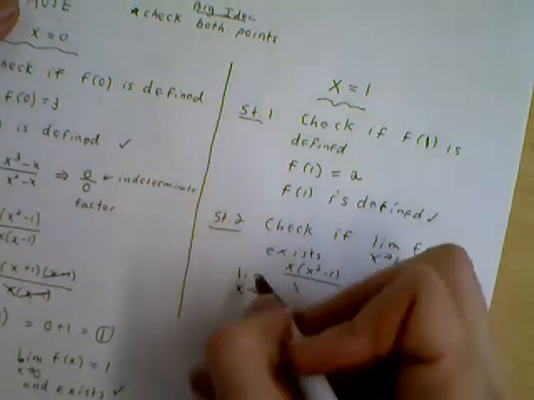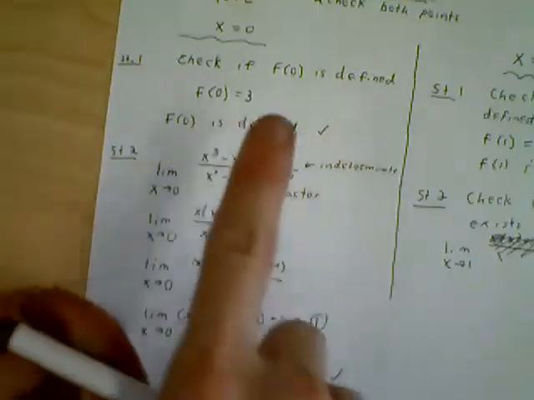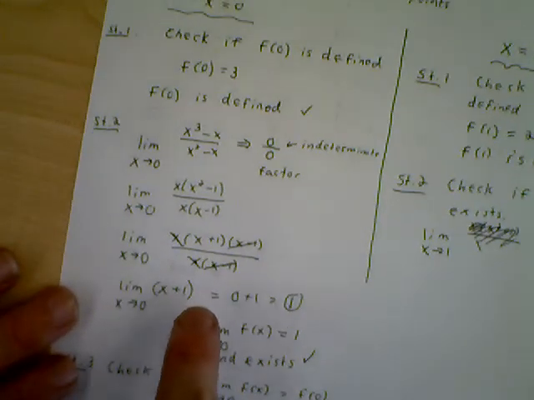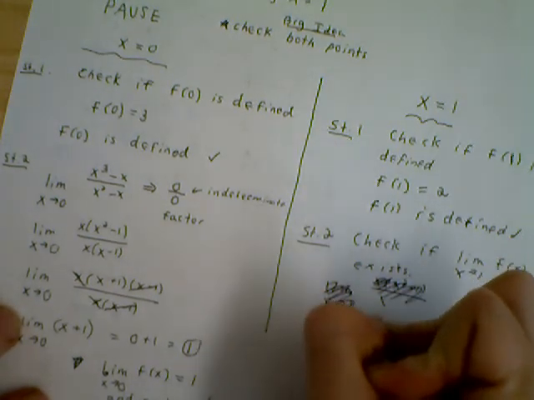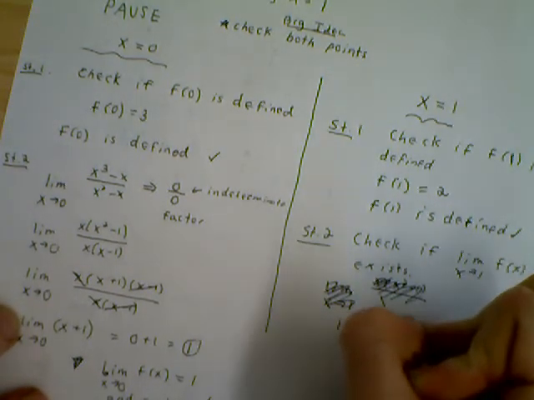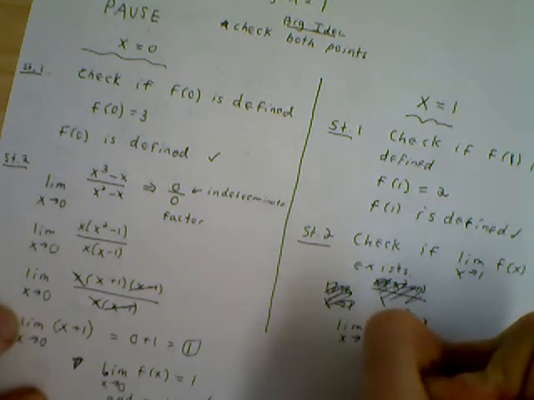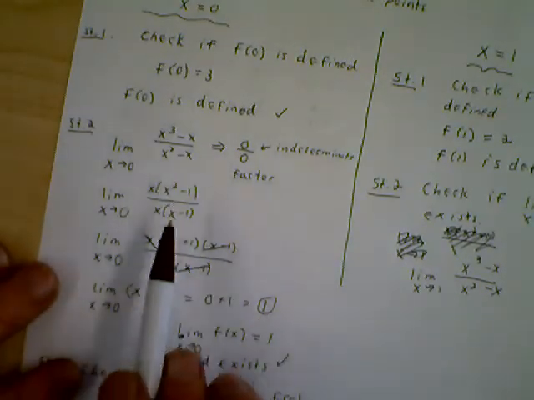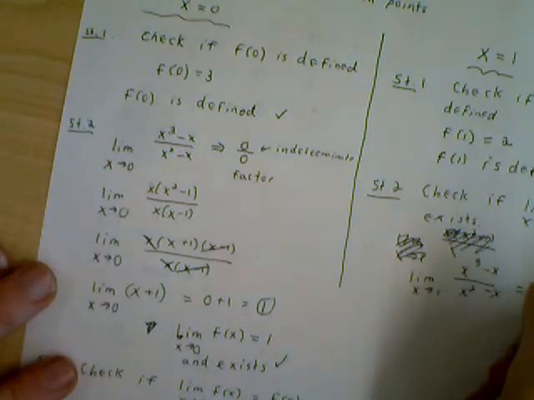Oh, whoops. Actually, so right back over here, we already factored this and got it all the way down to x plus 1. So I'm still going to use the same thing. The limit as x approaches 1 of x cubed minus x over x squared minus x. But then I already simplified this all the way down to just x plus 1.